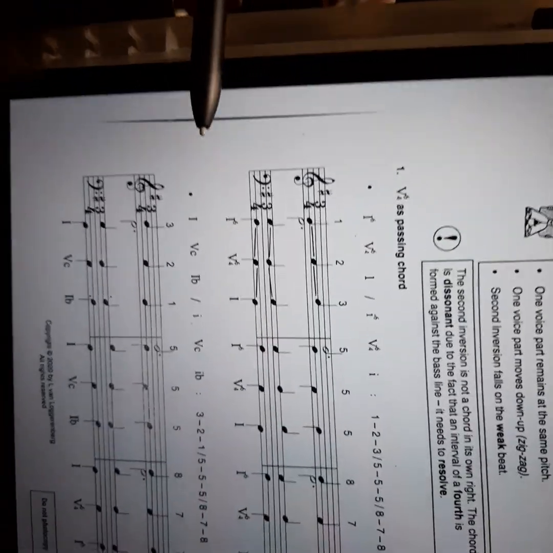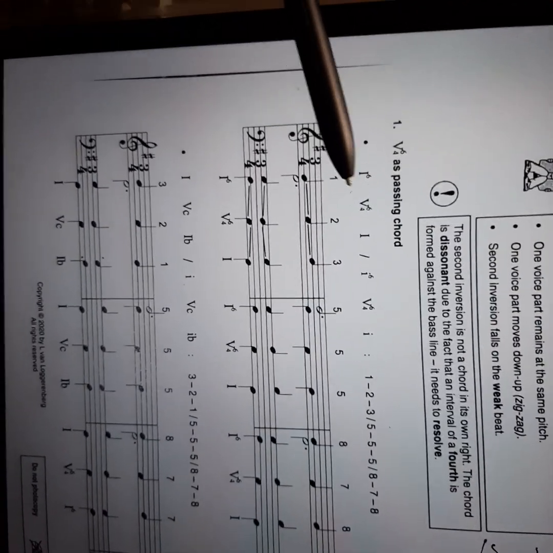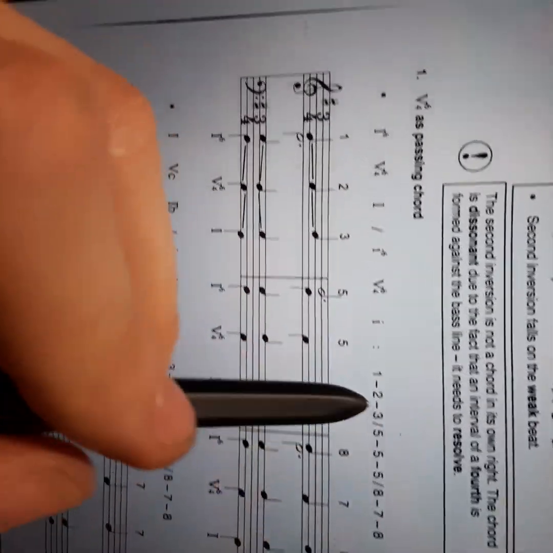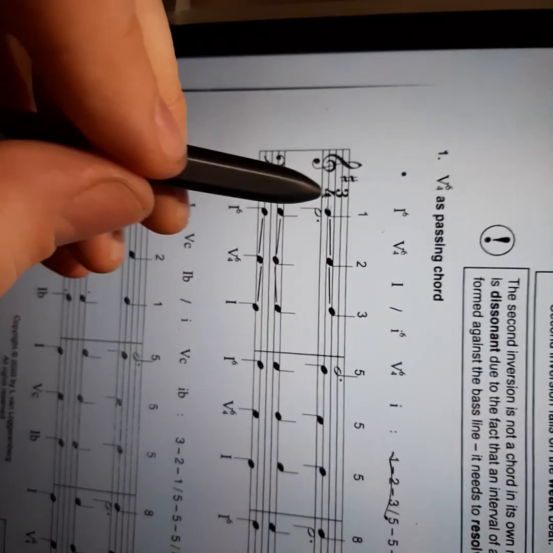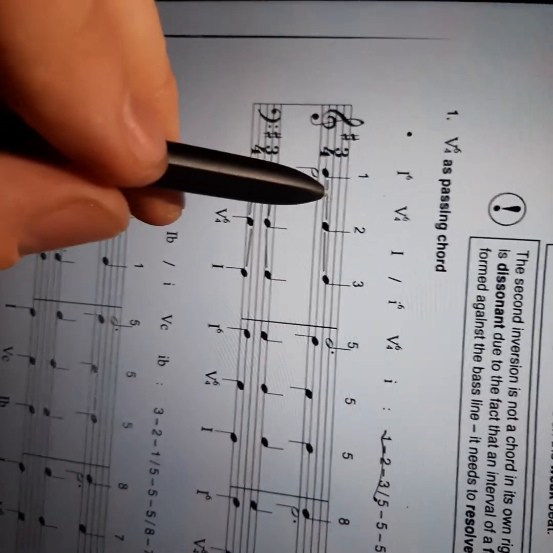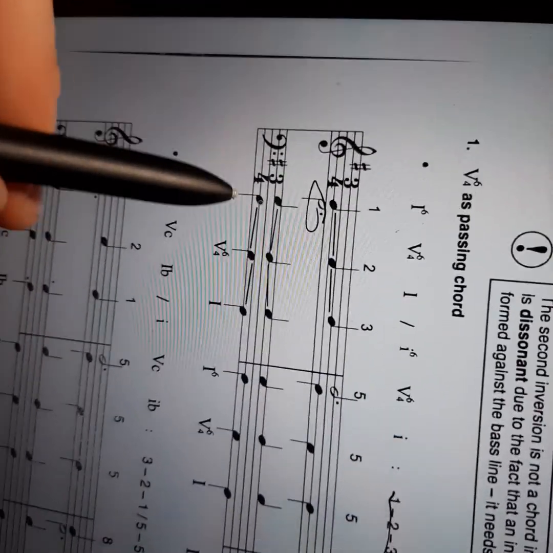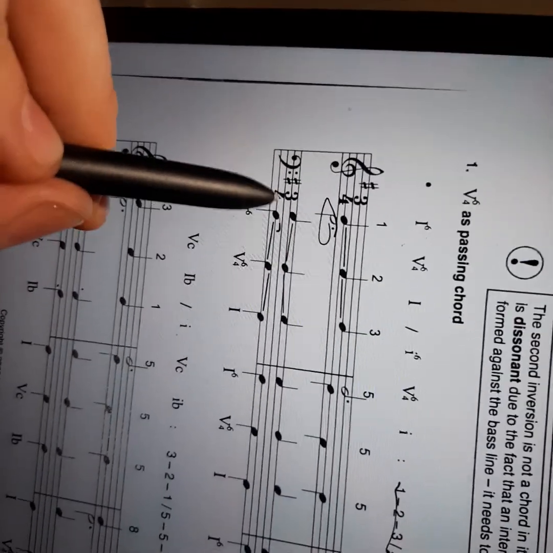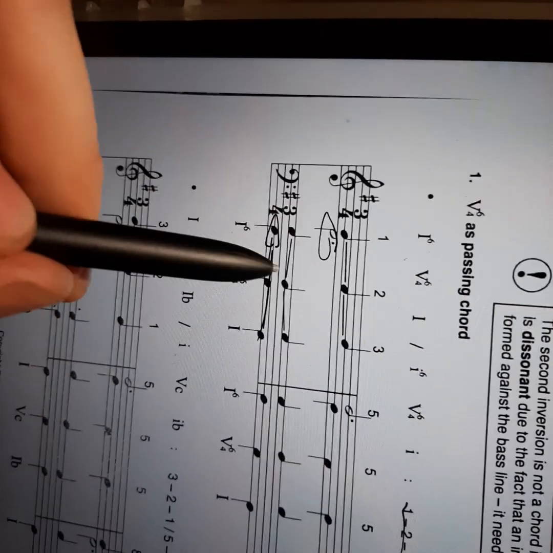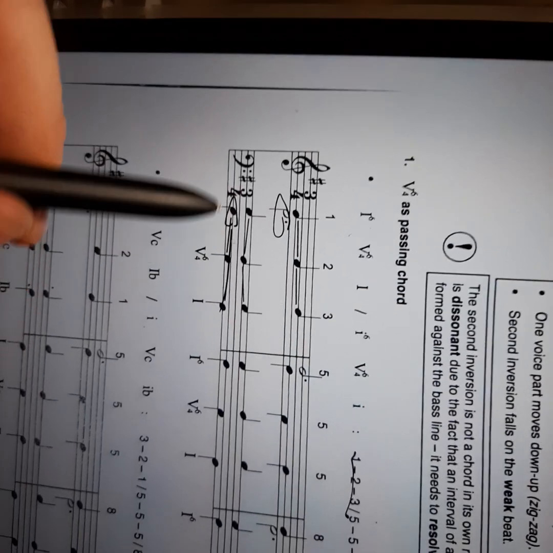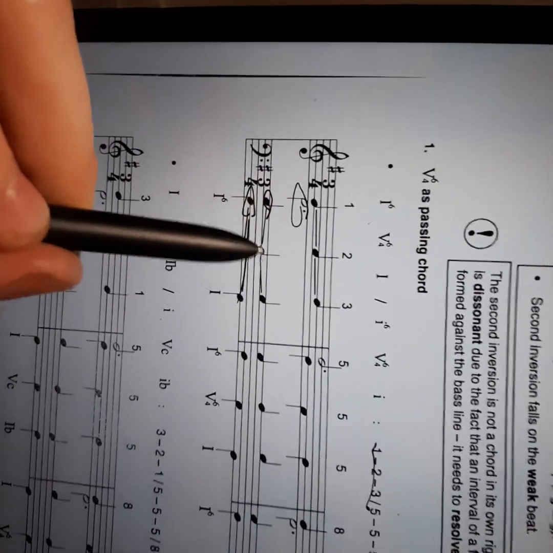What does this look like in a worked out example? So here we have the first pattern, 1, 2, 3, moving upwards. And we see it worked out as this G-A-B movement. We have one voice staying the same, that's the D. We have one voice moving downwards, 3, 2, 1. And we have this voice moving in the triangle, that is the 8, 7, 8.